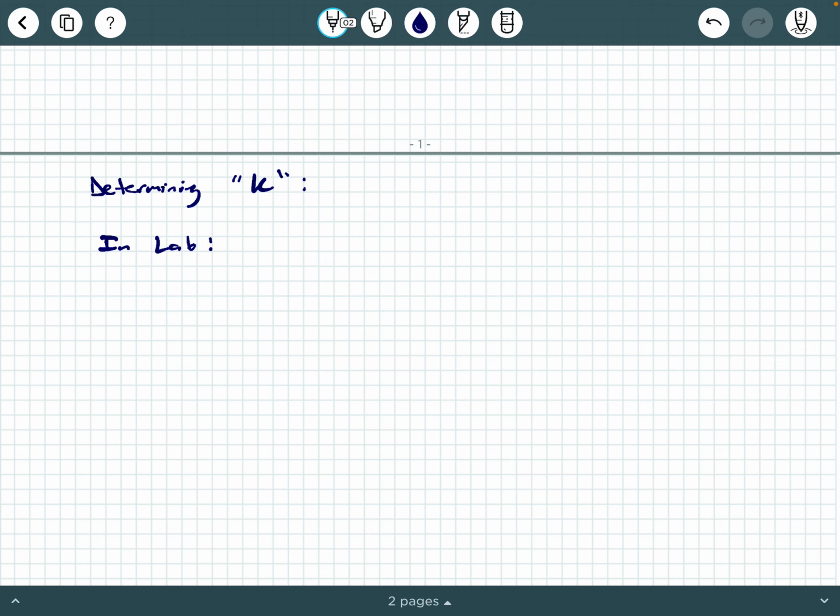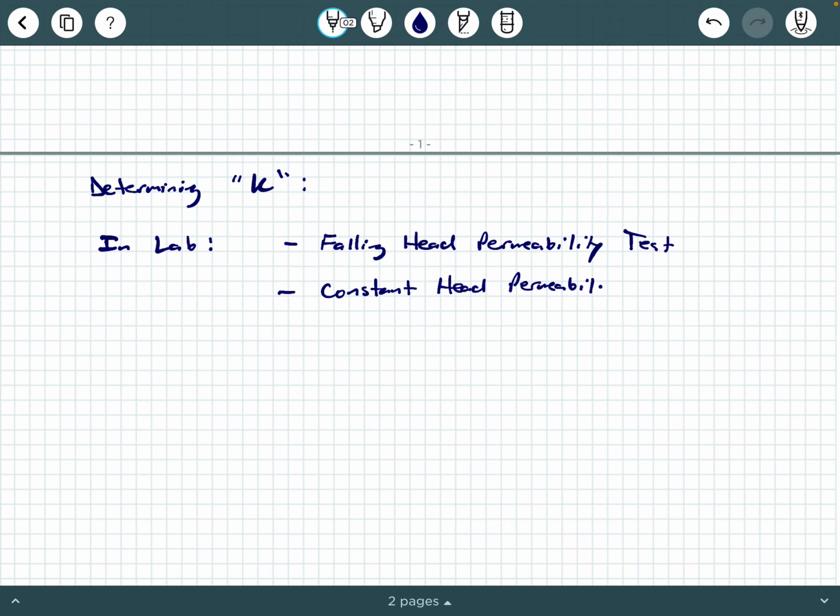One of them is called the falling head permeability test. The second is called the constant head permeability test. And these are both performed in a laboratory setting.